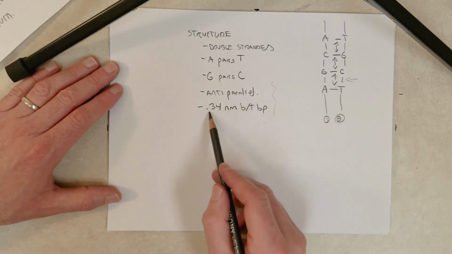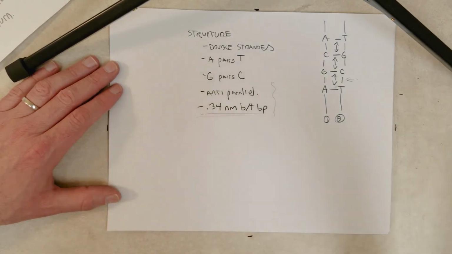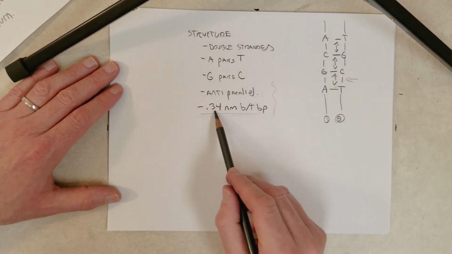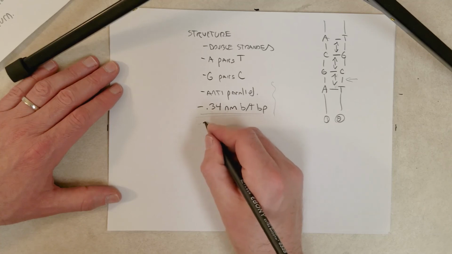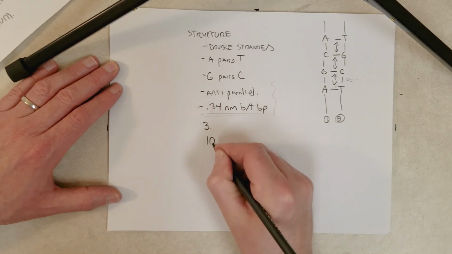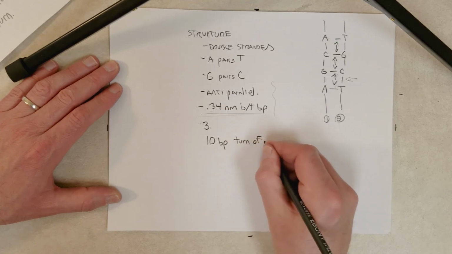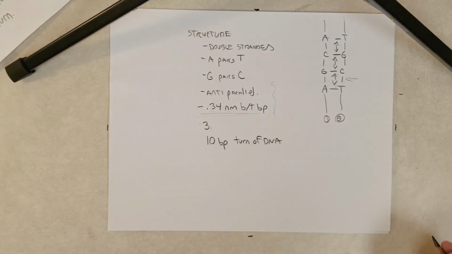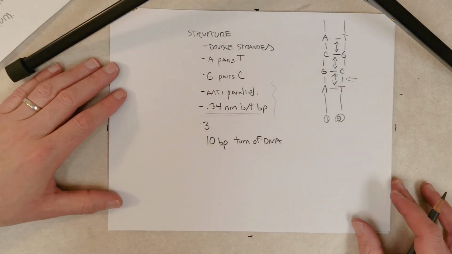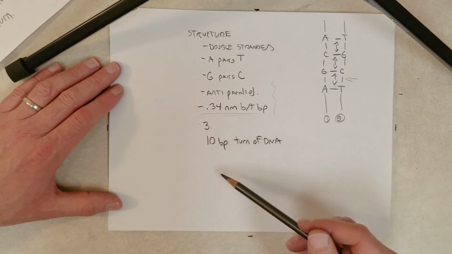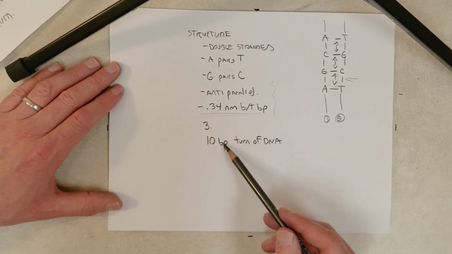And let's just say that under no unusual strain, the distance between the stacked base pairs is 0.34 nanometers. Also, there are about 10 base pairs per turn of the DNA molecule. If you remember in lecture, I went over the diagram with you, a nice diagram that's in the lecture notes, and showed you how to see where one turn is, and there should be about 10 base pairs per turn.